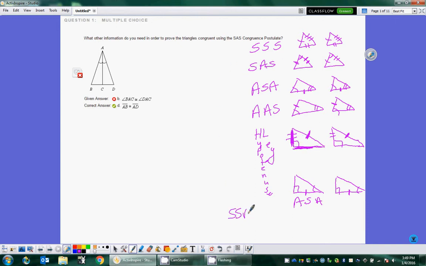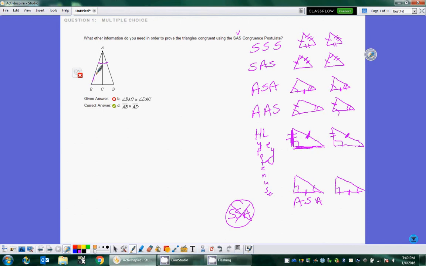I got a pair of sides already. In order to have side-angle-side, remember my angle has to be in between the 2 marked sides. So that means my angle has to be between AC and the other marked side. The only way that happens is if I have angle A and also angle A in the other triangle.